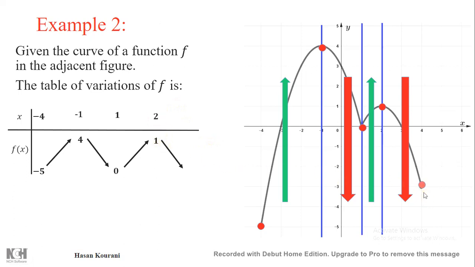And the last point is of coordinates 4, -3, and here we have 4, -3. In this way, take care about placing the y values correctly in the table to get the correct answer for the table of variations of the function.